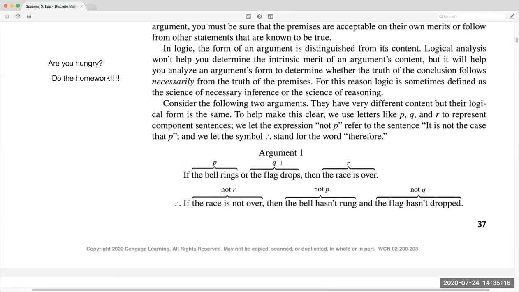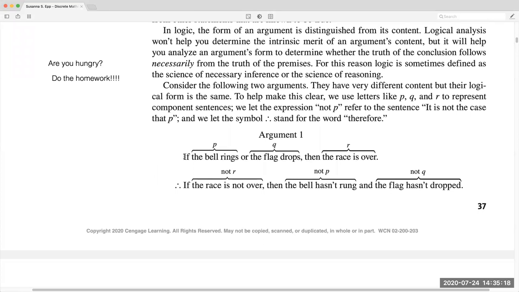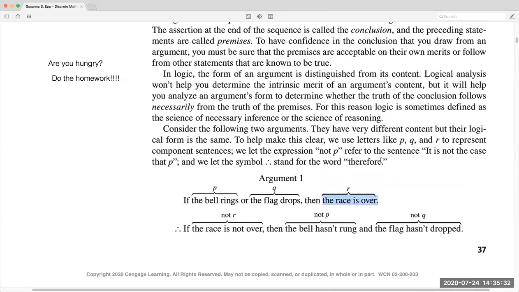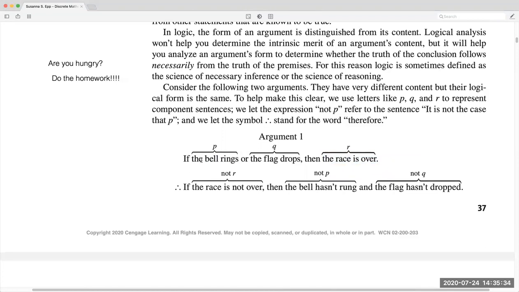Then let's go on to have a look at this statement. If the bell rings or the flag drops, so these two are premises, then the race is over. Then this one is the main body, the argument. If the race is not over, then the bell hasn't rung and the flag hasn't dropped.